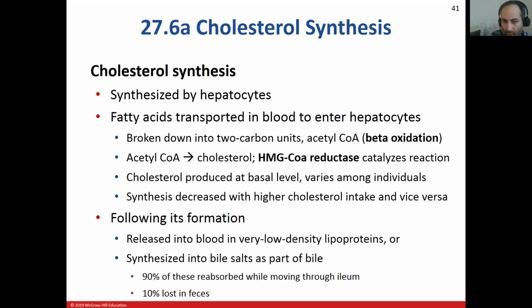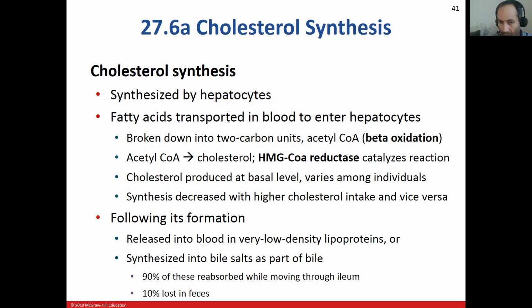The enzyme that makes cholesterol is HMG coenzyme A reductase, or HMG CoA reductase. So many of those anti-cholesterol drugs that you take, like statins, like Lipitor, which is atorvastatin, and all of those statin drugs, are actually HMG coenzyme A reductase inhibitors. They inhibit the synthesis of cholesterol by your liver, so they bring your cholesterol levels down.